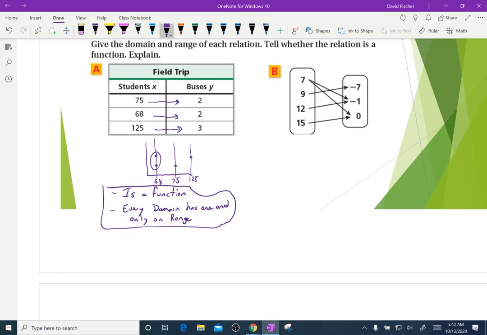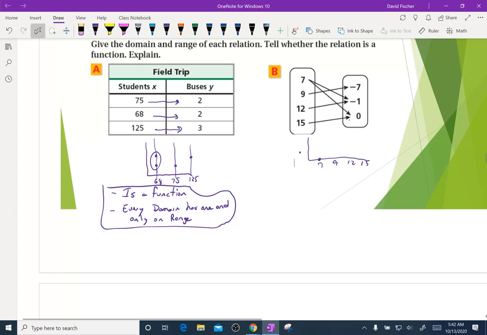That's how you explain. Over here, if I was graphing this one, let's just put a graph here: 7, 9, 12, 15. They said 7 is matched up with 0, so I have a dot on 0, and I would also have a dot on -1, which would be over here.